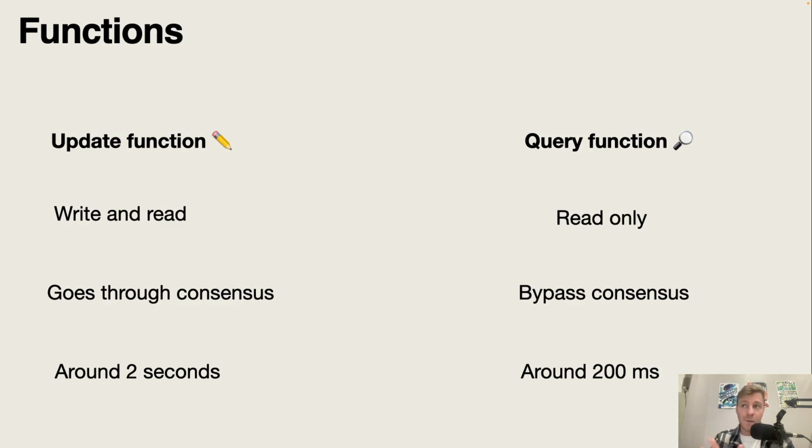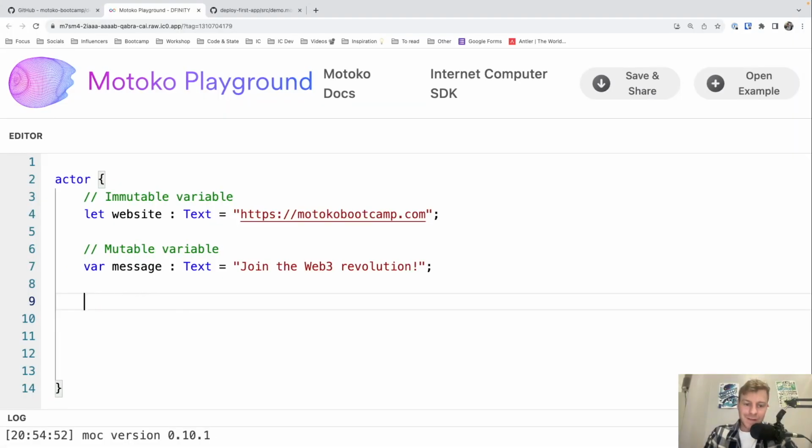Let me show you how you can define an update function and a query function. Let's say that we want to create a function that returns the value of the message at any point. We want to see what the value of the message is. Because we only want to read, we will define a query function. We need to make this function public so that we can call it from the outside. So public, then we need to specify it's a query function.